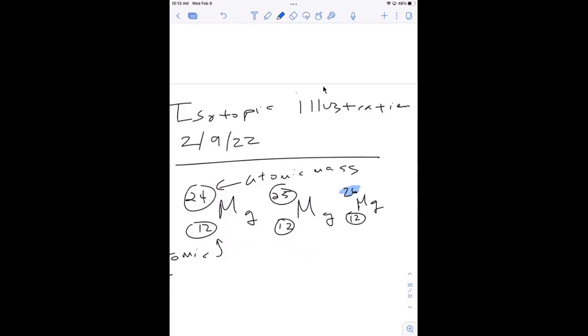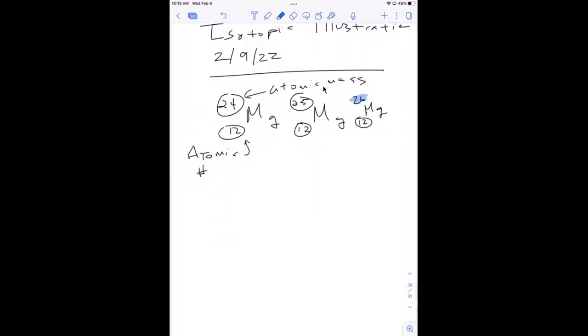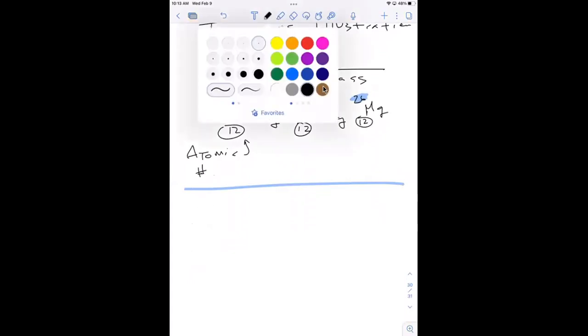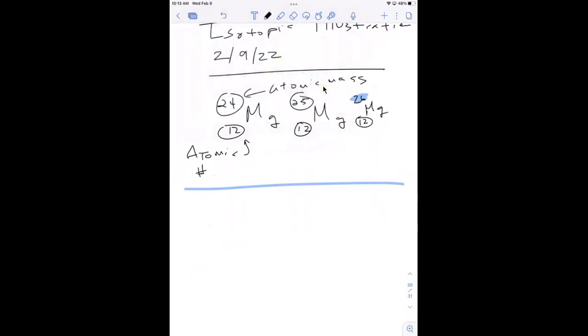All right. So with that being said, when we talk about atomic mass, that number that we see on the periodic table is really an average.